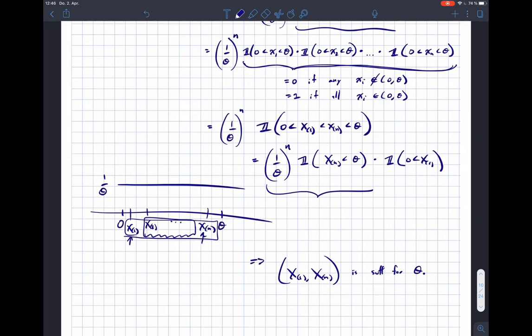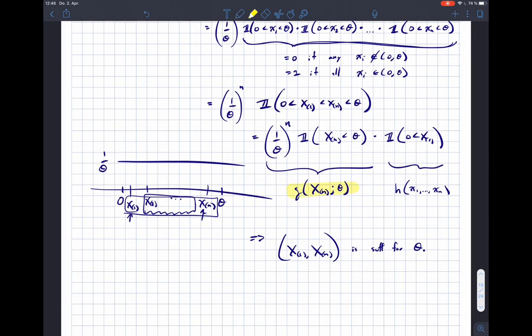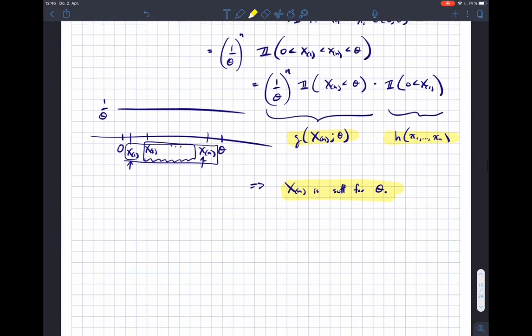And so by the factorization theorem, this is like my function g of xn and theta, and over here this is my function h of just the data but not involving the parameter. So by the factorization theorem, I can say that the largest order statistic is sufficient for theta.